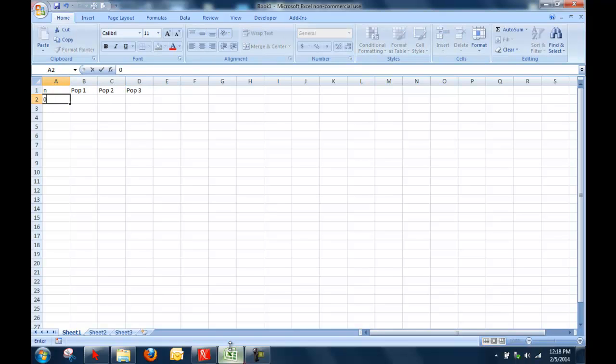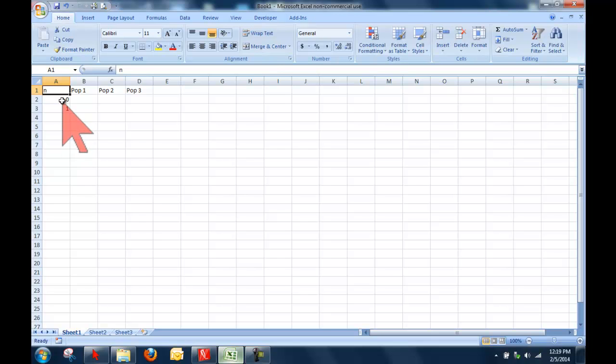So n starts out at 0, and I don't think we'll have to take this model down very far.